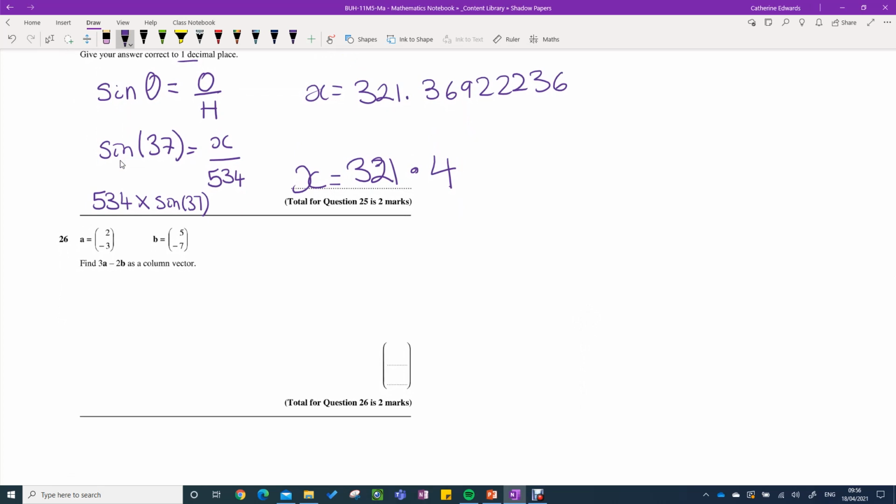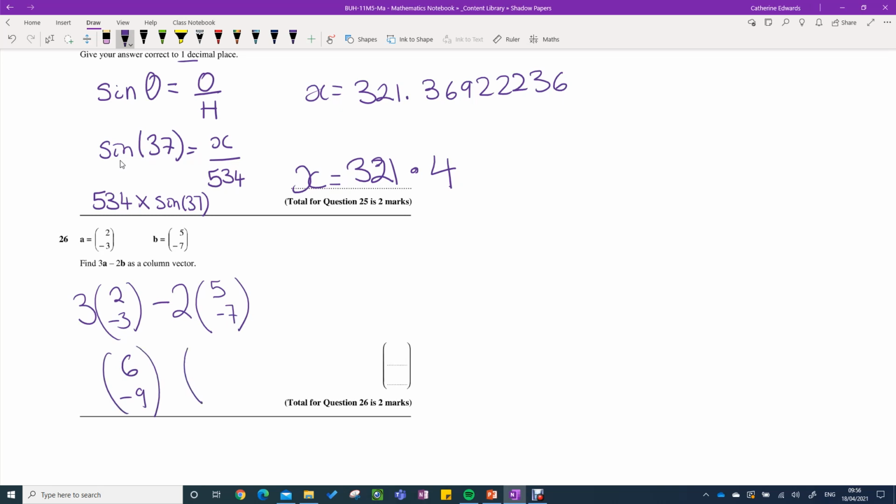3a take away 2b. Looks like it's going to be really complicated because we've got these column vectors, but it's not. We've got 2, minus 3. That's a. And we're going to times that by 3. Minus 2 timesing by these. So we're just going to do 3 times 2 is 6. And 3 times minus 3 is minus 9.